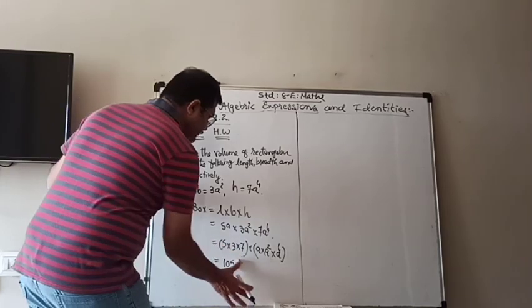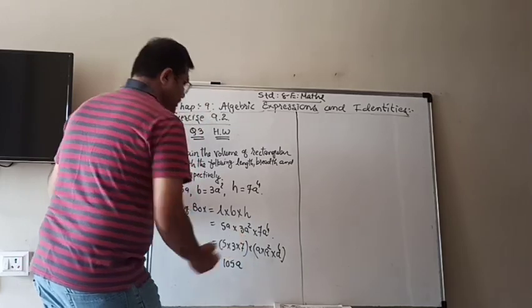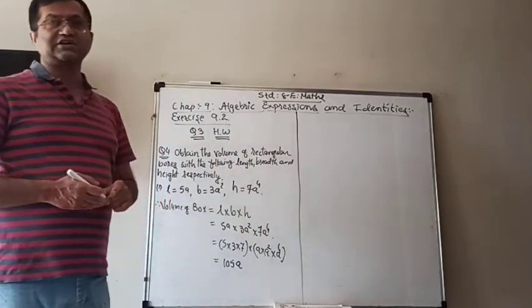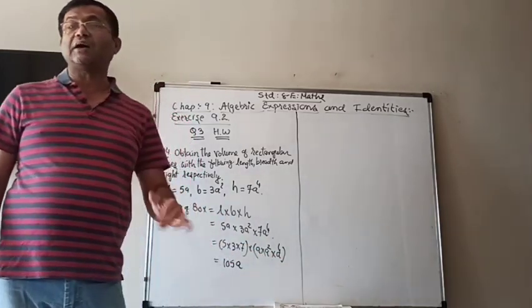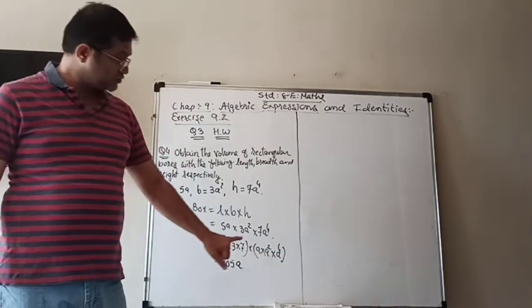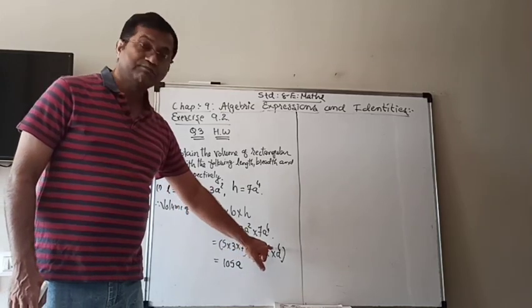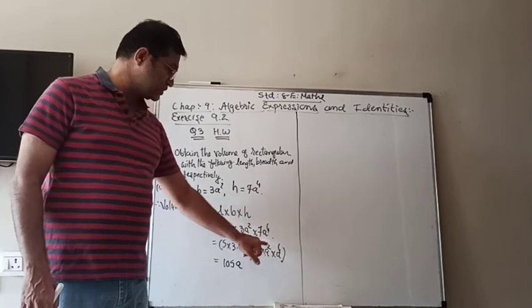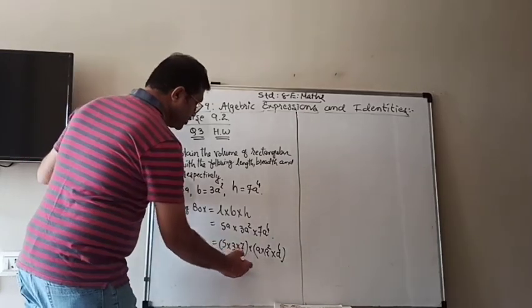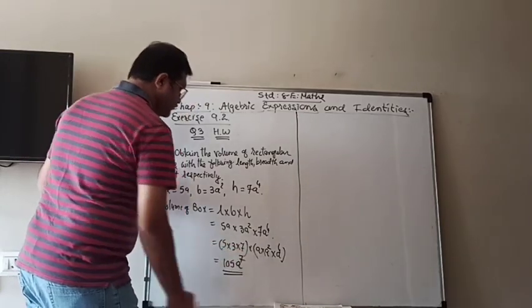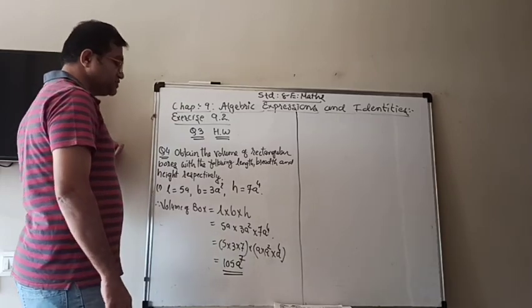Now the variable is a, and we know that in multiplication of the same base, the powers are added. So here it is 1 plus 2 plus 4. 1 plus 2 is 3, 3 plus 4 is 7. So the volume is 105 a raised to 7.